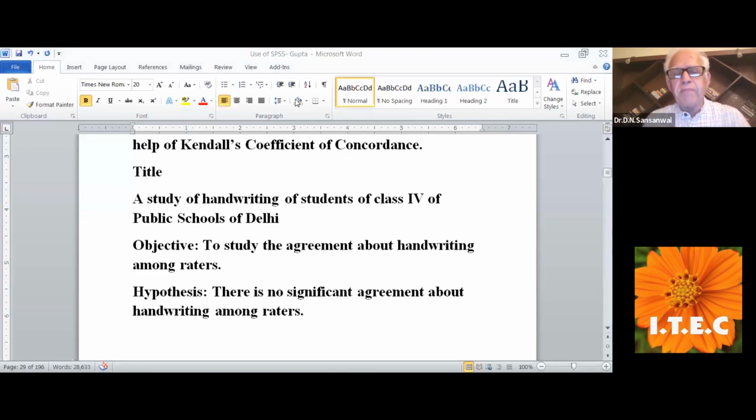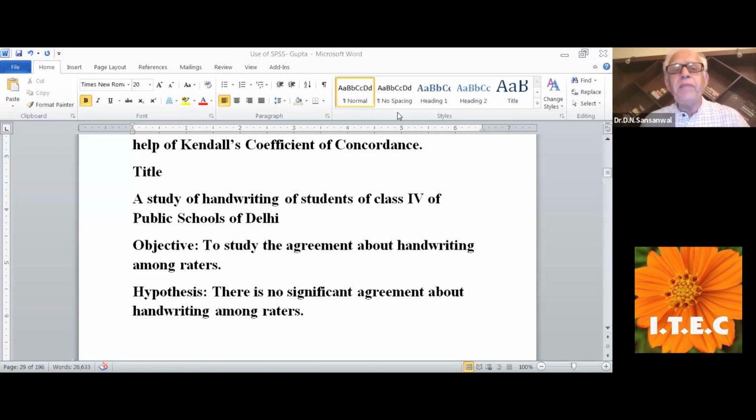Okay. Any other participant? 3. Any other? 5. Any other? 10. Very good. Any other? Okay. Maximum are saying 5. Okay, we will have 5 raters.